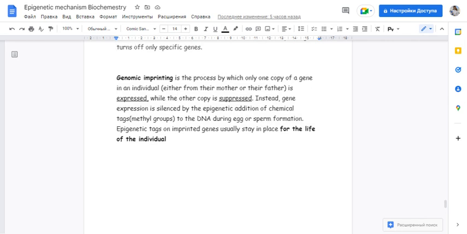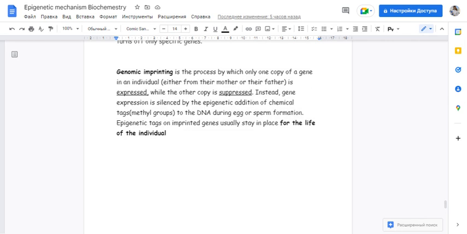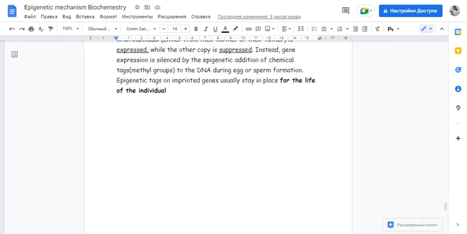So genomic imprinting is the process by which only one copy of a gene in an individual, either from their mother or their father, is expressed while the other copy is suppressed, as I said. Gene expression is silenced by the epigenetic addition of chemical tags, methyl groups, to the DNA during egg or sperm formation. So epigenetic tags on imprinted genes usually stay in place for the life of the individual as well.